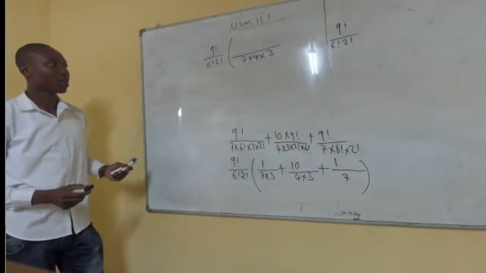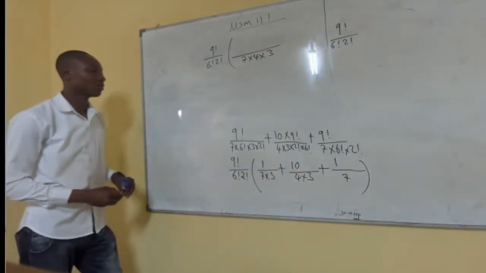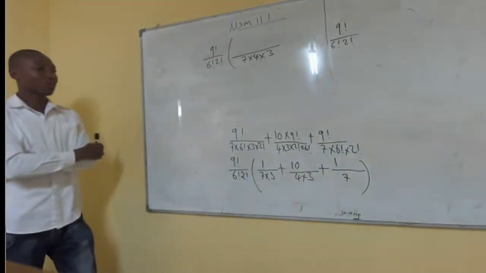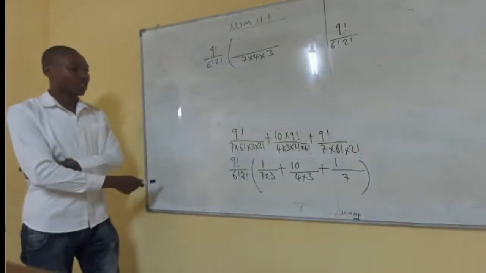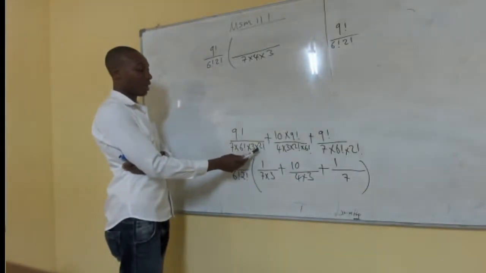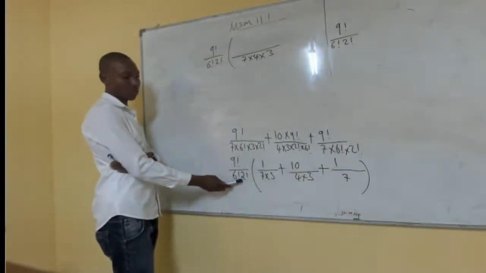Okay, hope you can see that. Okay, so a recap on this part. Here we have 7 times 6 factorial times 3 factorial. I just factored out the 9 factorial over 6 factorial 2 factorial.